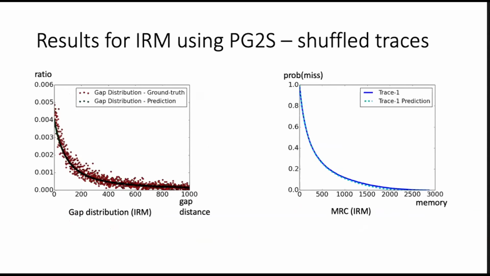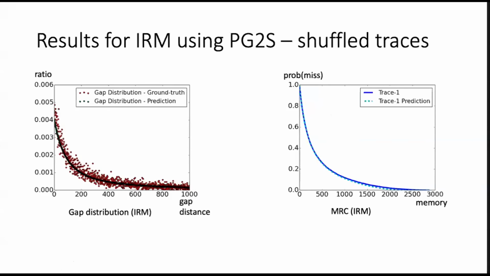The plot on the left shows the gap distributions predicted by P2G versus the ground truth, and the right plot shows the MRCs constructed by PG2S and the ground truth. We can see that both the gap distribution and MRCs have very similar performance, and our model is accurate in making predictions on the IRM.